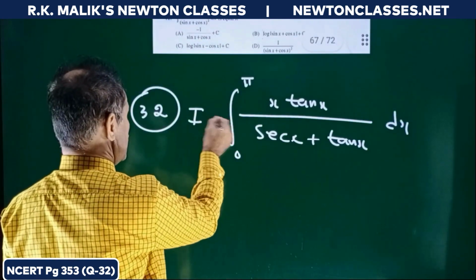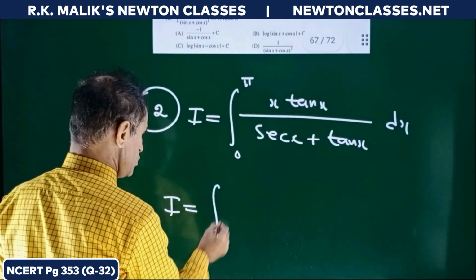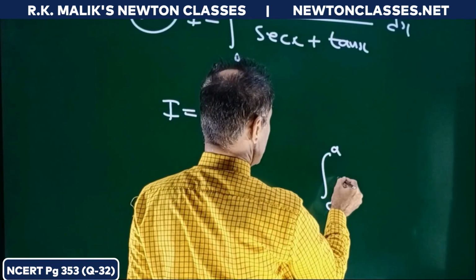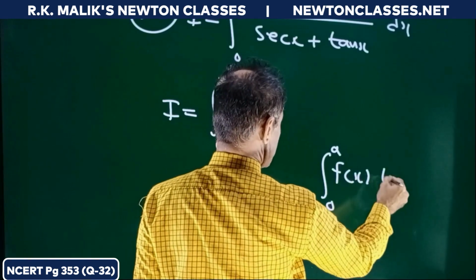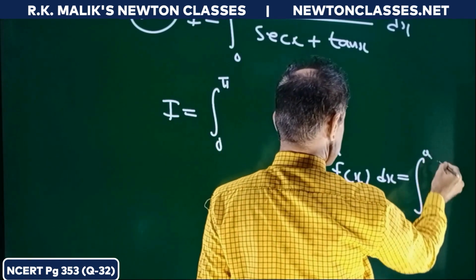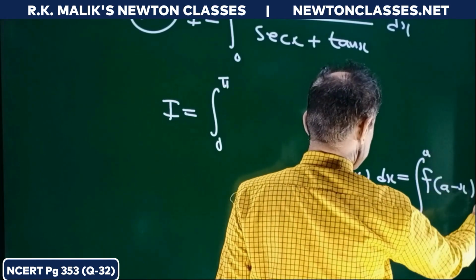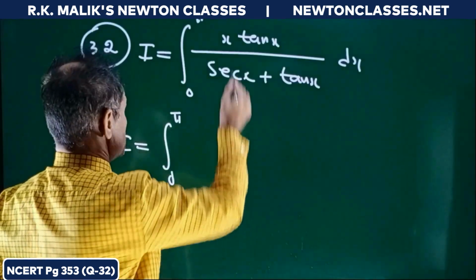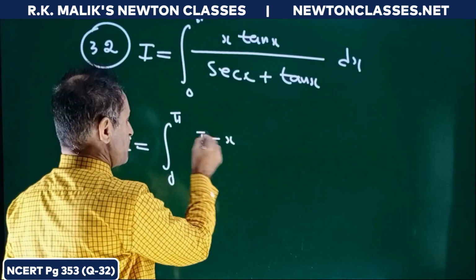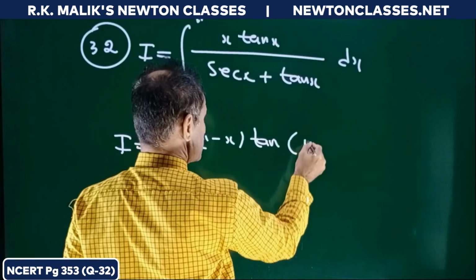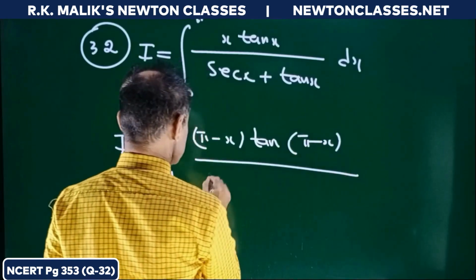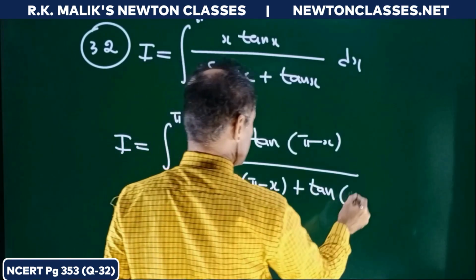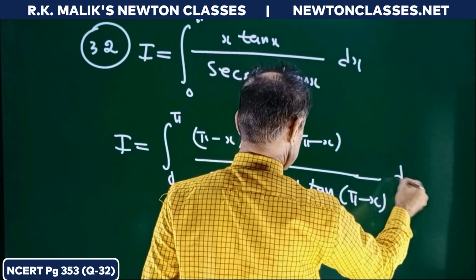Let us suppose this as I. Then I is equal to the integral from 0 to pi, and using the formula which you have studied at board level, this can be written as pi minus x tan(pi minus x) upon sec(pi minus x) plus tan(pi minus x) dx.